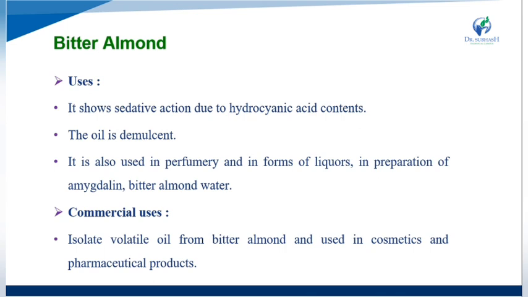Okay, and their commercial use is the isolation of volatile oil from the bitter almond, used in cosmetic and pharmaceutical products. Around 20% volatile oil is present in the bitter almond.